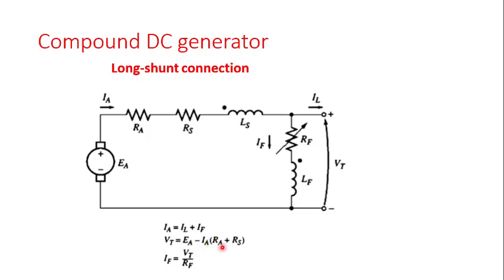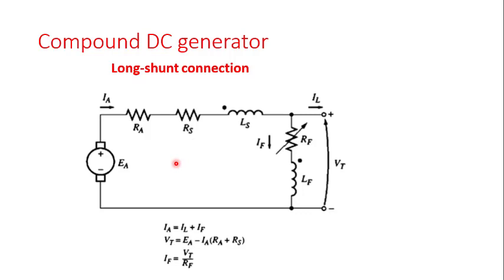So knowing that IA multiplied by the bracket RA plus RS, we subtract that from the EA, then we can get our terminal voltage that we can measure at the terminal. This is the voltage that is being generated within the generator, and this is the voltage that we can measure at the terminal, because there will be some drops across the windings, because the windings, I said, are not perfect conductors. There will be voltage drops, they have resistance in them. Take note of that. So that is it.